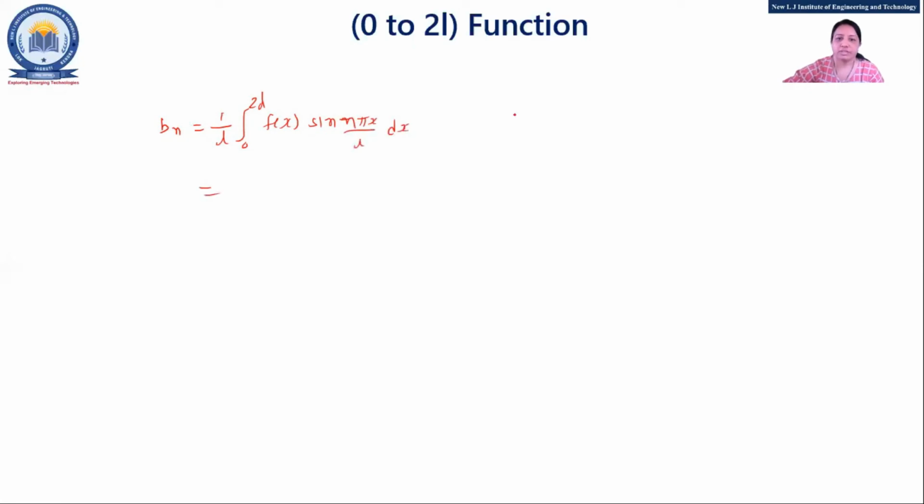Our L is 1, so no need to write it. Limits 0 to 2, f(x) is 4 minus x square, and with that sin n pi x dx. Just solve it.